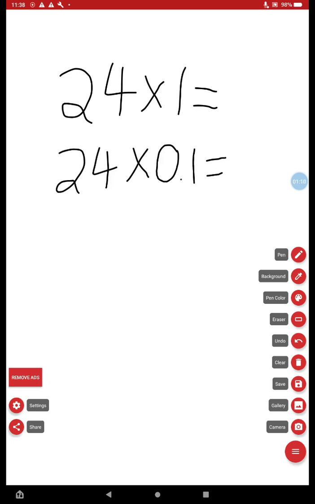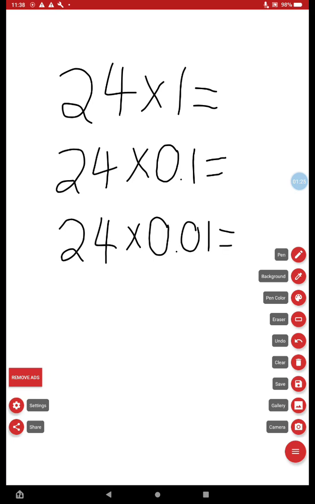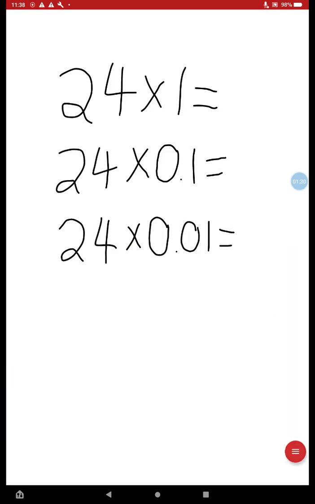That makes it a little bit harder, doesn't it? Let's do one more. 24 times 1/100th. I'm not so sure about that, Mr. Ivan. Well, let's try to clear things up a little bit. Let's do the top one. That should be pretty easy.